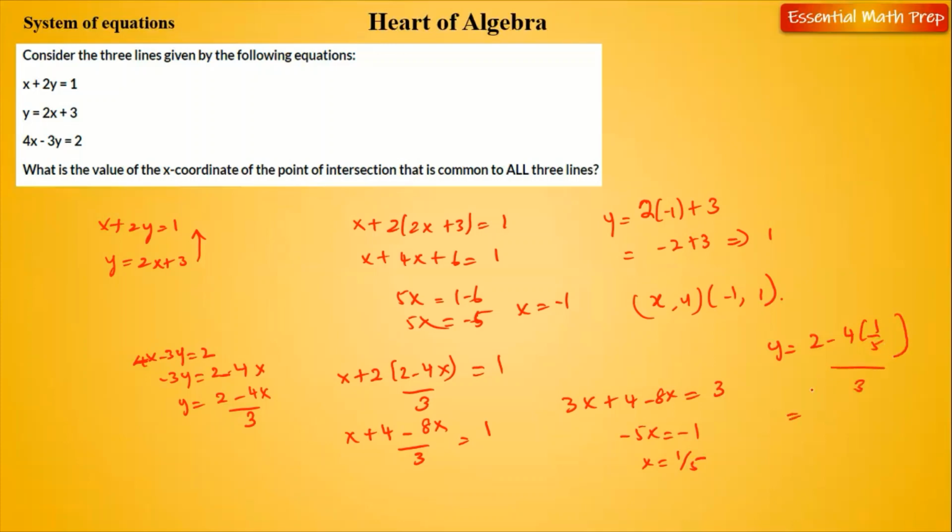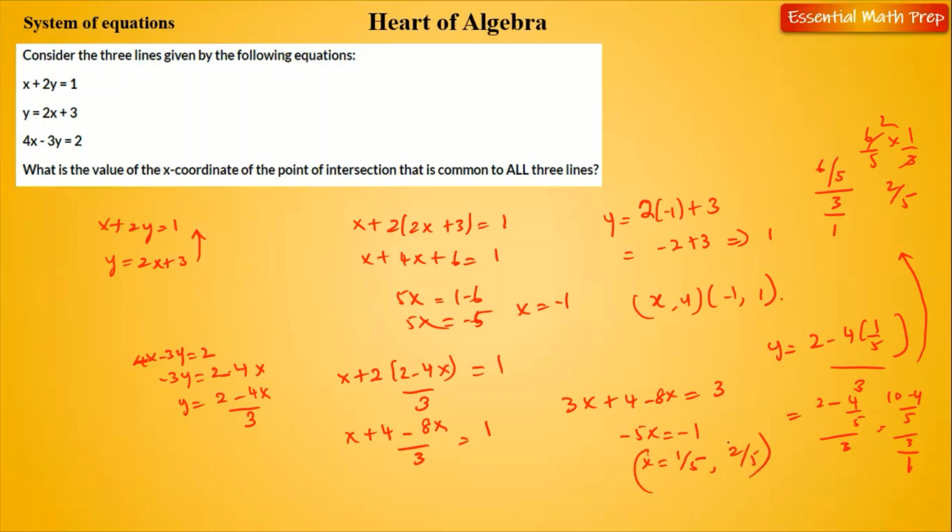So that's (2 minus 4 over 5) over 3, which is ((10 minus 4) over 5) over 3, so that is 6 over 5 over 3. So 6 over 5 times 1 over 3 is 2 over 5. So when x equals 1 over 5, y equals 2 over 5.